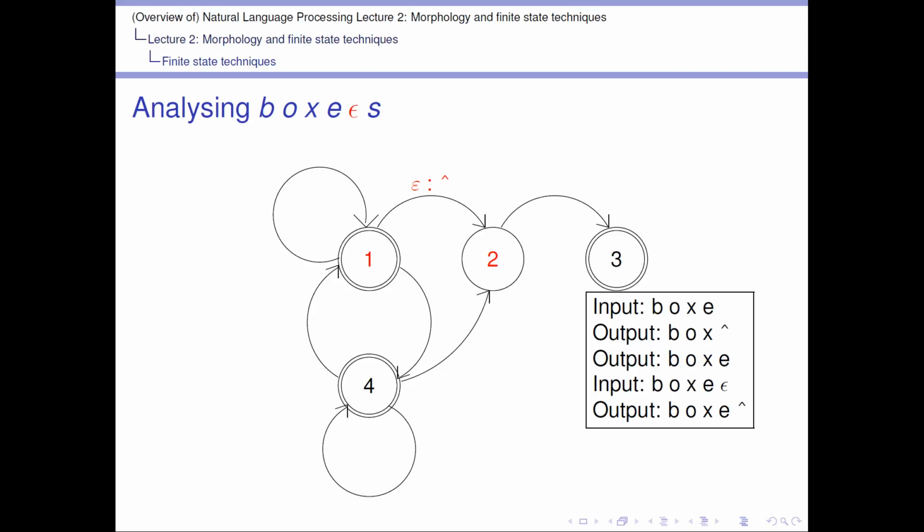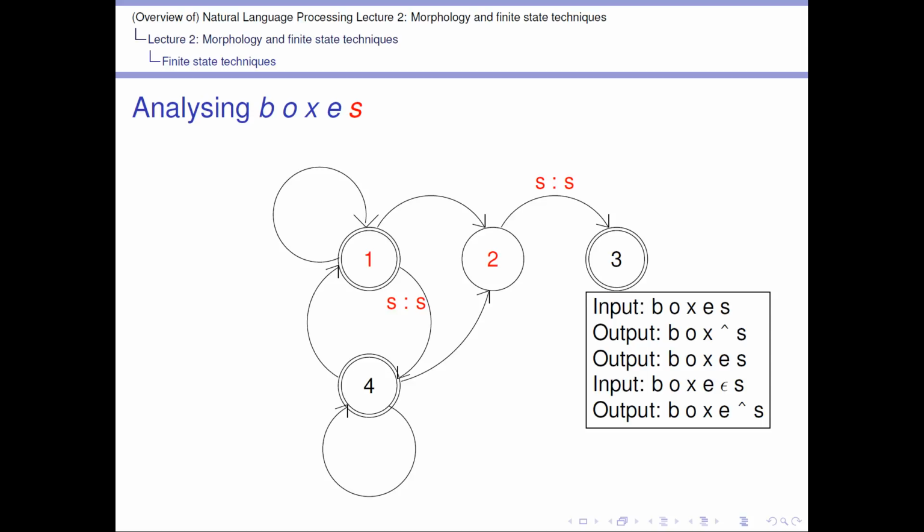Now, for the scenario where we returned to state 1, which one is it? This one here. As I said before, given we're in state 1, we can always just move to state 2. So that's a possible input at this point, which would put the affix here.